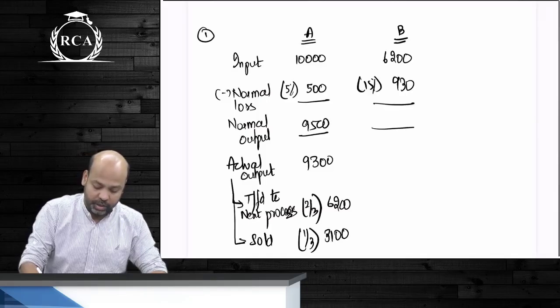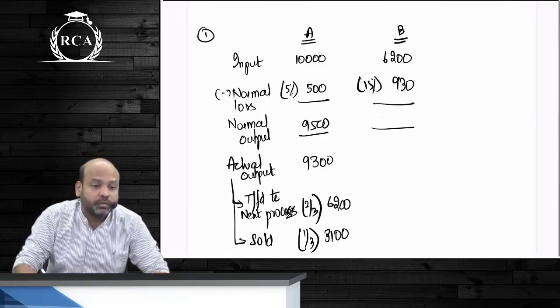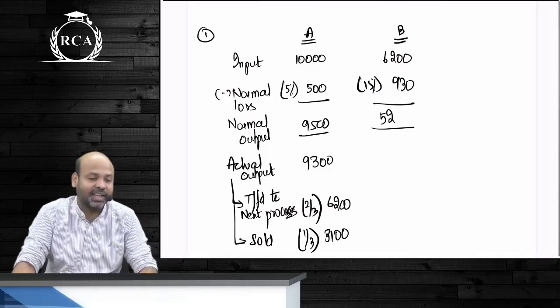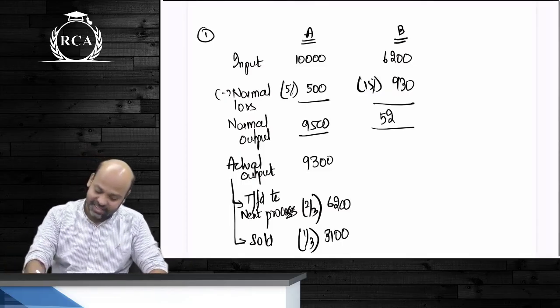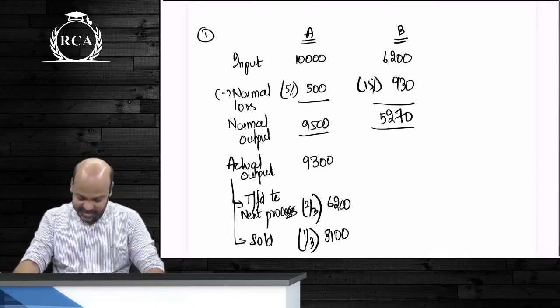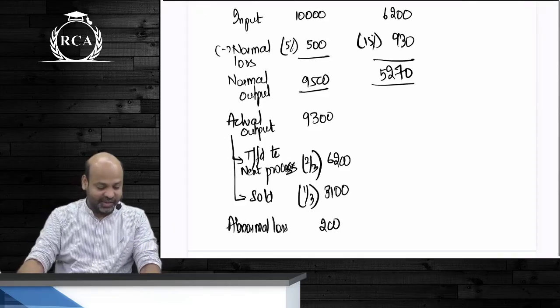How much should be your normal output? 5,200, and the calculator also betrayed you.